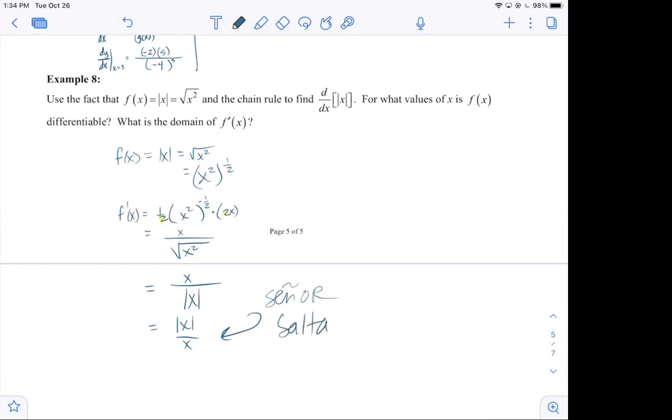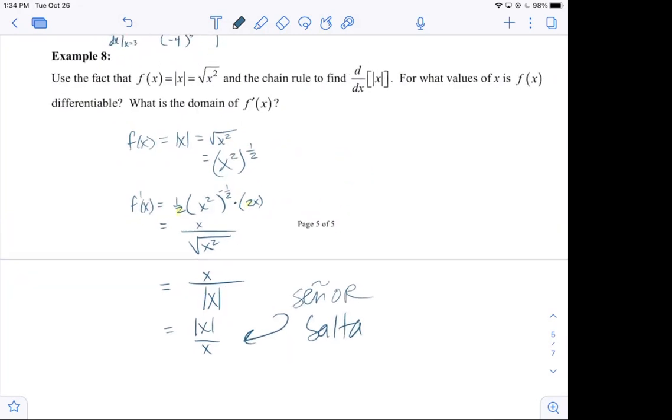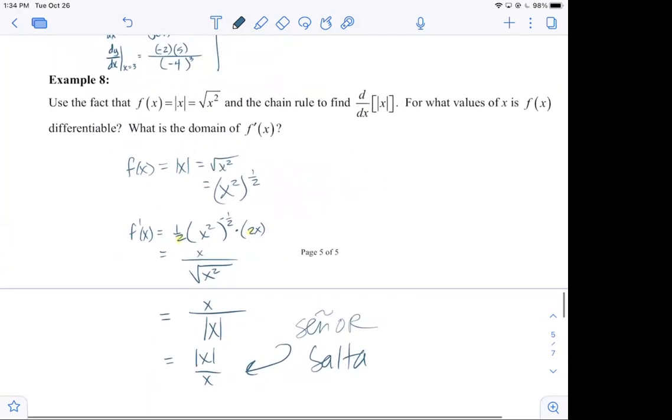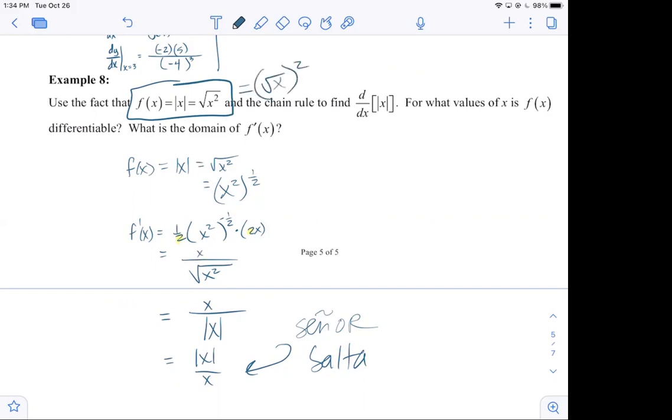And we saw that in the calculator section. We actually sketched the derivative of absolute value of x, and it showed up as two horizontal lines. So this identity right here, the absolute value of x is the square root of x squared, we'll use quite a bit throughout the year. Notice it's not equal to the square root of x squared like that, because that doesn't allow negative numbers under the radical, okay? So there you go.